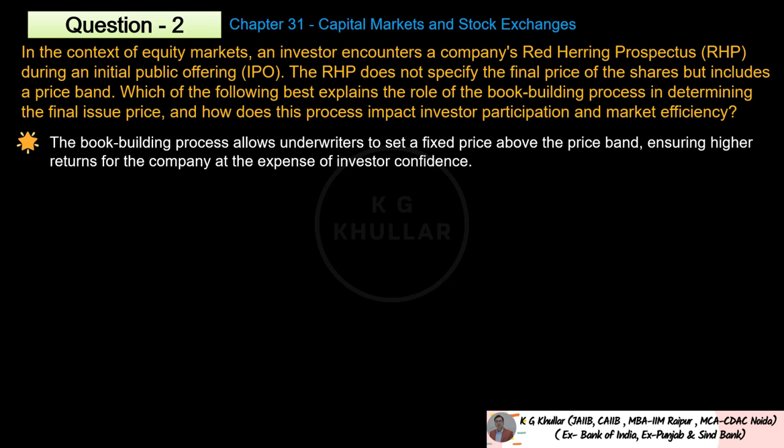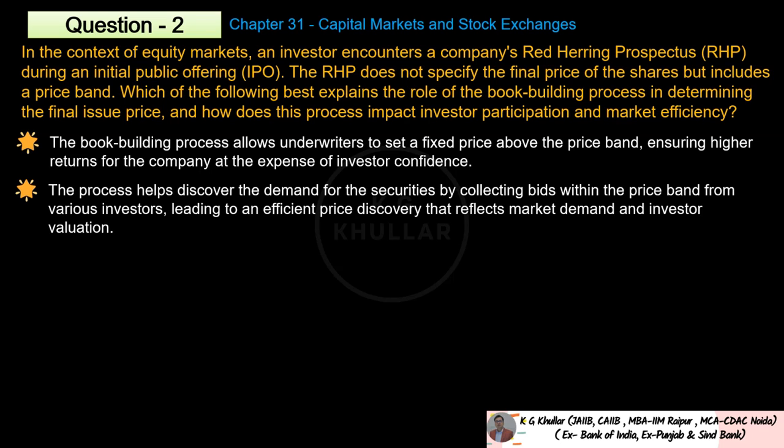And the options given are these. The first option is, the book building process allows underwriters to set a fixed price above the price band, ensuring high returns for the company at the expense of investor confidence. The second option is, the process helps discover the demand for securities by collecting bids within the price band from various investors, leading to an efficient price discovery that reflects market demand and investor valuation.